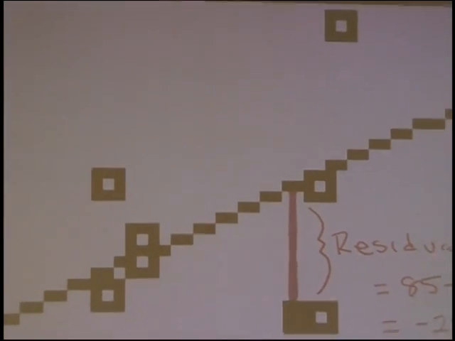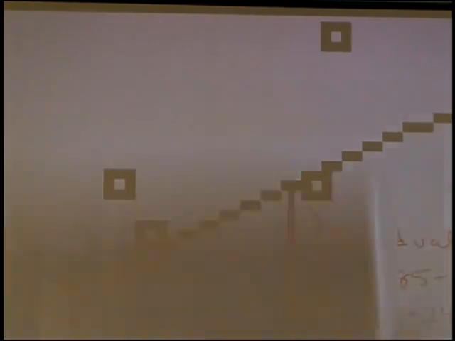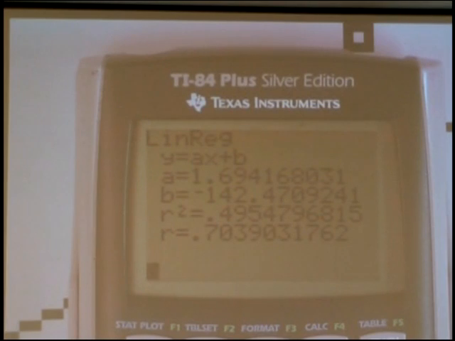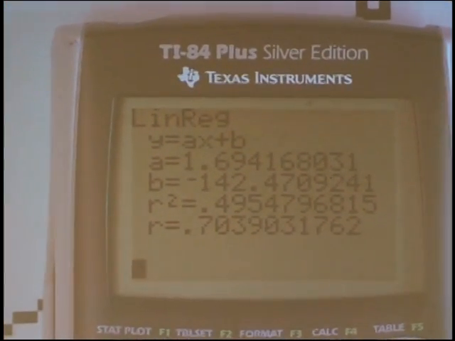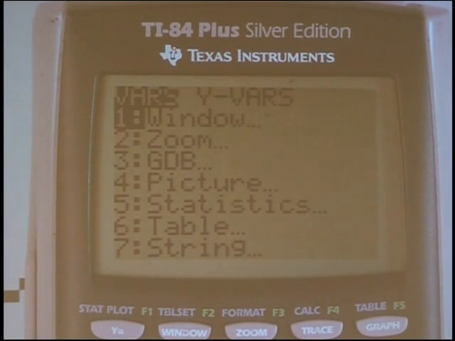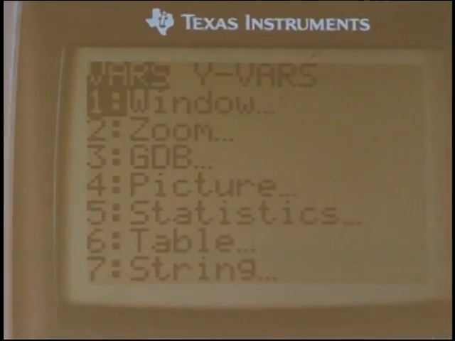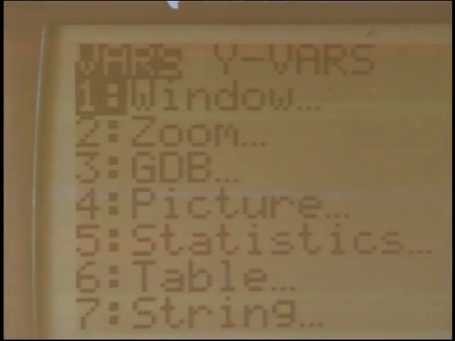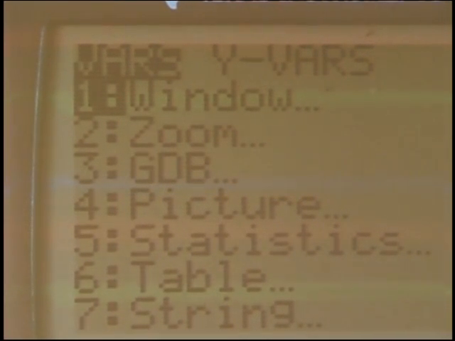Okay, so then you go, let me make sure I can remember how to do this. Yeah, second, quit, the button right next to it. Then you hit the VARS button that's right next to clear, V-A-R-S. Oh, no, I'm already wrong. Go back.